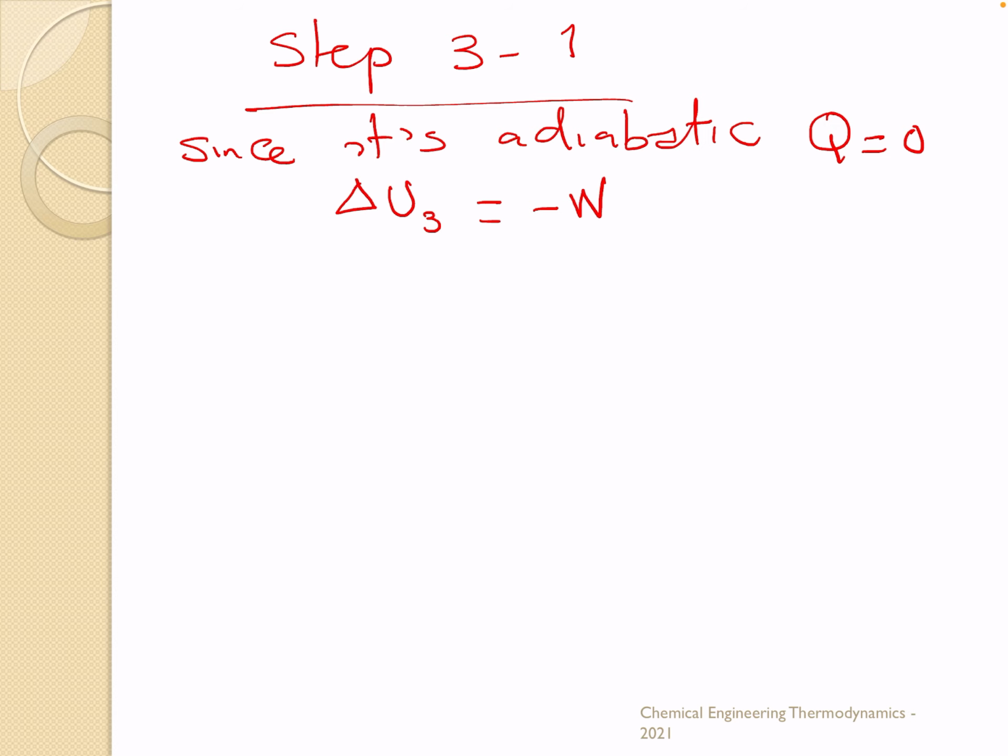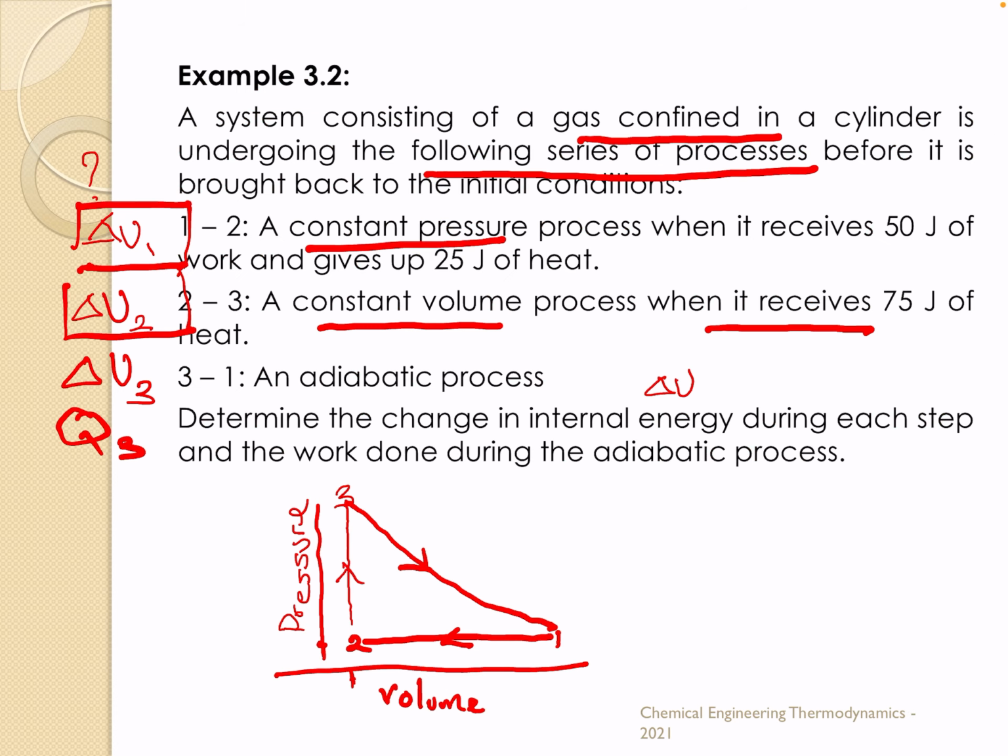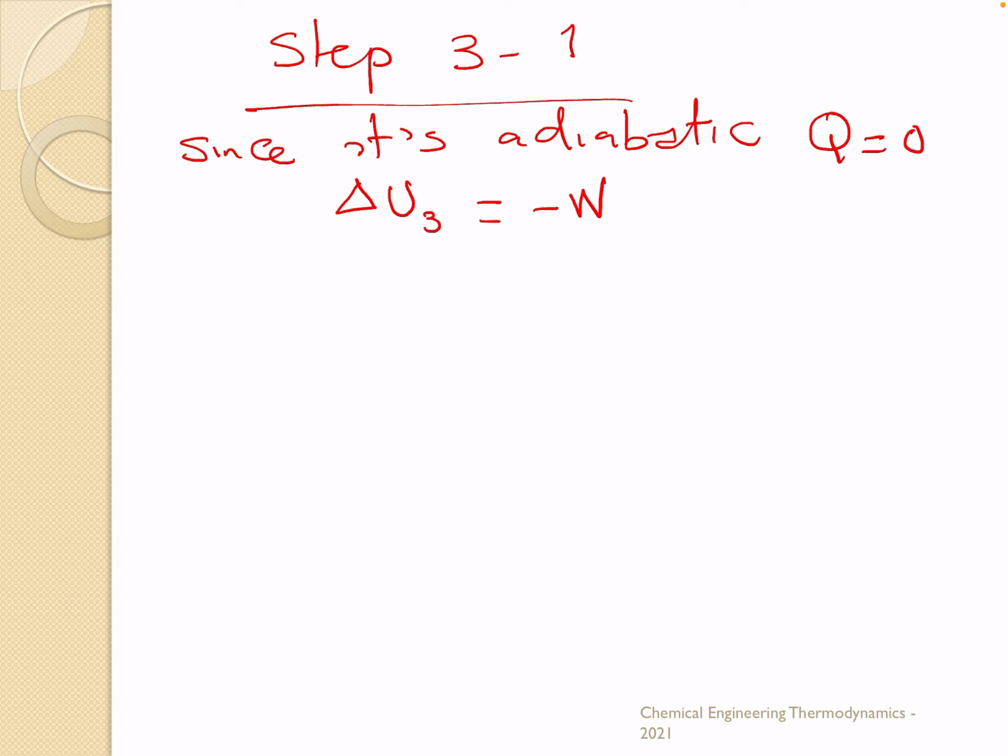Take note that this system, as we showed in this picture, is confined in a cylinder. It's a cyclic system, and in a cyclic system, change in U1 plus change in U2 plus change in U3 equals 0.